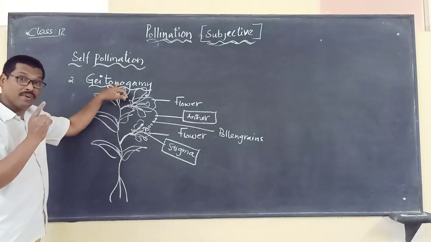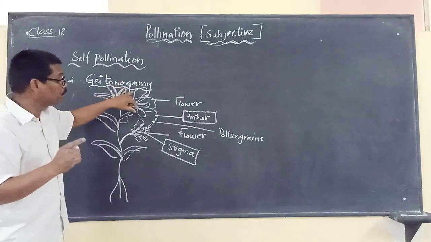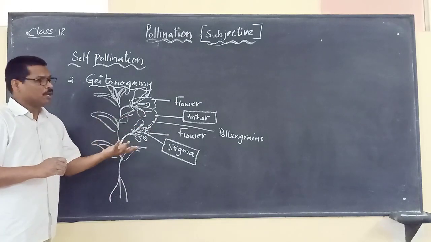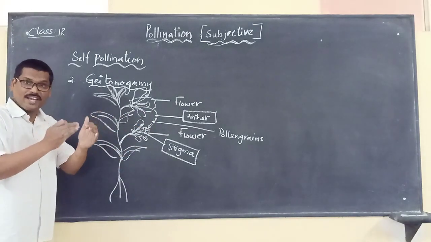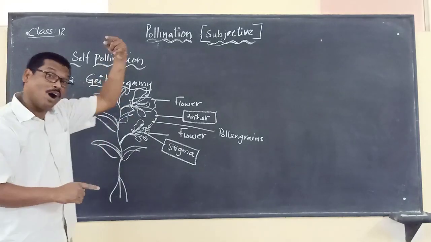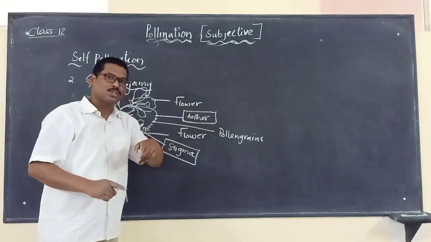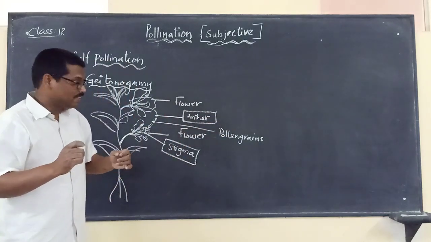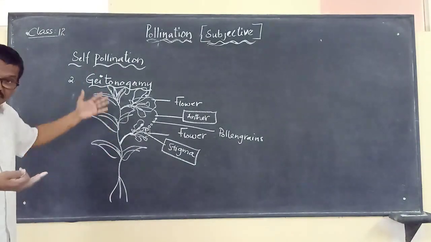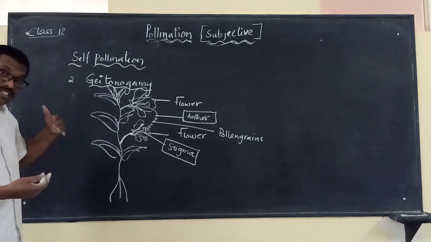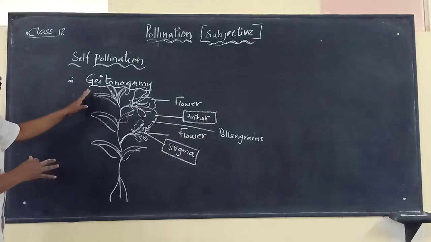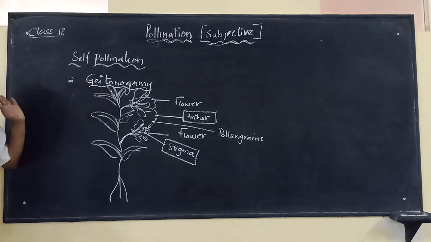Geitonogamy is functionally cross-pollination involving pollinating agents, either abiotic or biotic. But genetically, it is similar to autogamy, because the gametes are from the same plant. Because it is taking place on the same plant, it is genetically similar to autogamy. That's what we have to remember when we talk about geitonogamy.